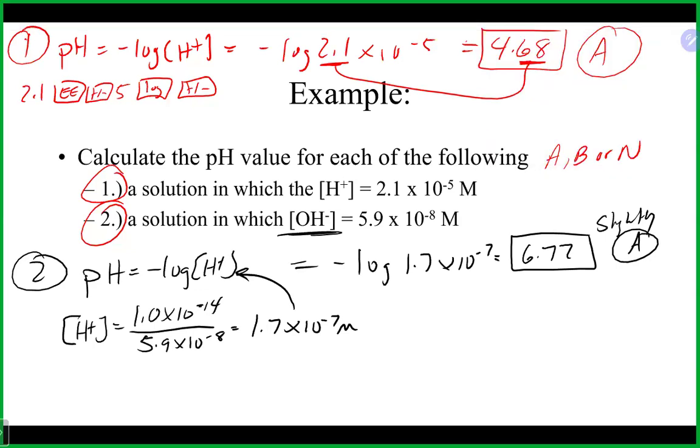If you did this calculation where you took the pH equal to minus the log of 5.9 times 10 to the minus 8, you ended up with a number of 7.23.